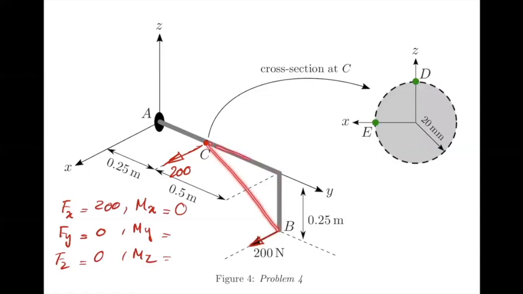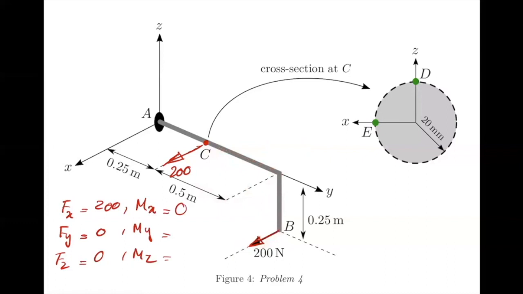So the distance has two parts basically. Due to the distance with respect to the z-axis, you get a moment with respect to y-axis. Due to the distance with respect to y-axis, you get a moment with respect to z-axis. But the moment with respect to x-axis is 0.